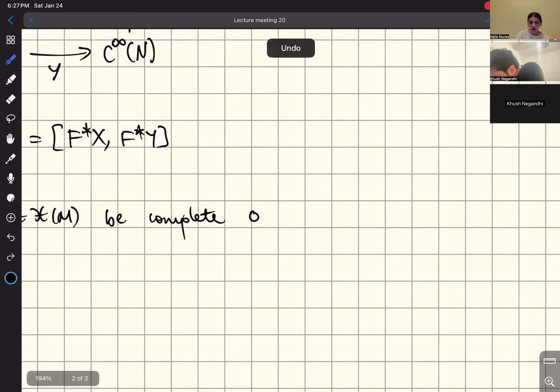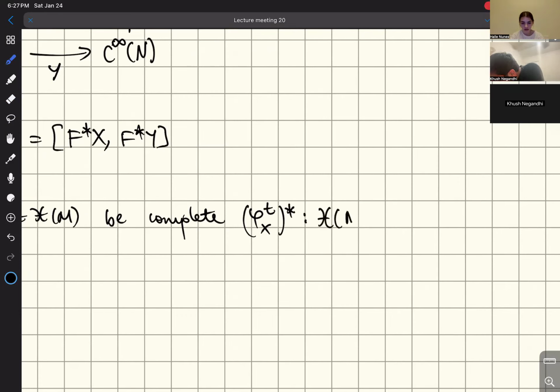We have some flow map, phi^X at the point t, and this is the flow at some time t. But this is a diffeomorphism. So what this means is I can take the pullback map, which induces a way to take vector fields on M and get new vector fields on M, by taking Y and then taking the pullback of Y. I don't really know how to explain this.